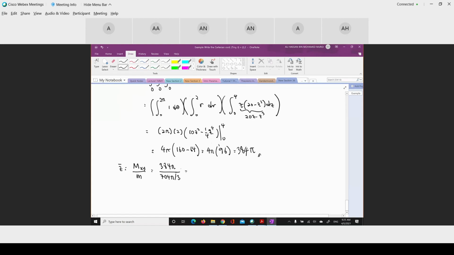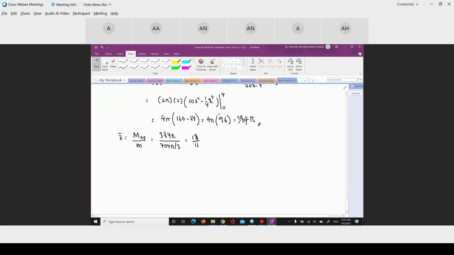It can be shown that this reduces to 18 over 11. Pi cancels out. So the center of gravity is located on the z-axis with z coordinate 18 over 11.